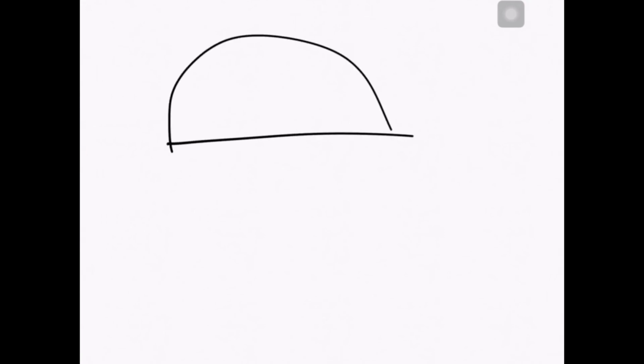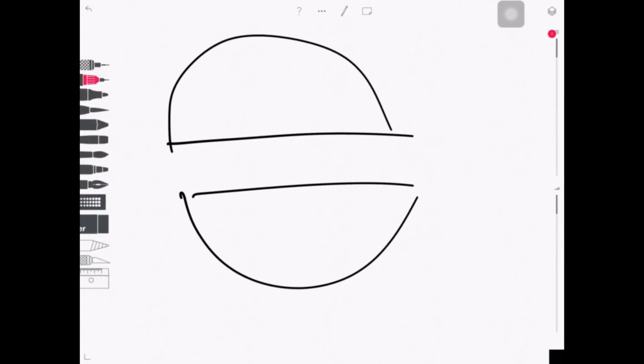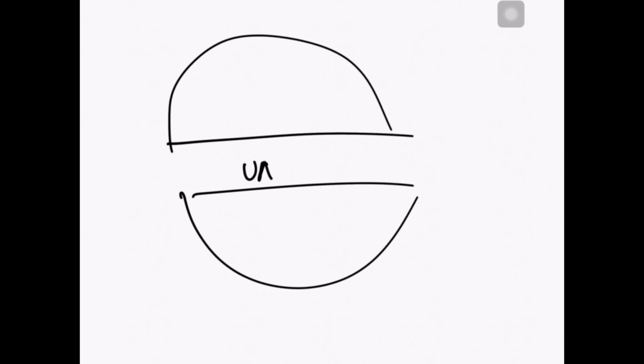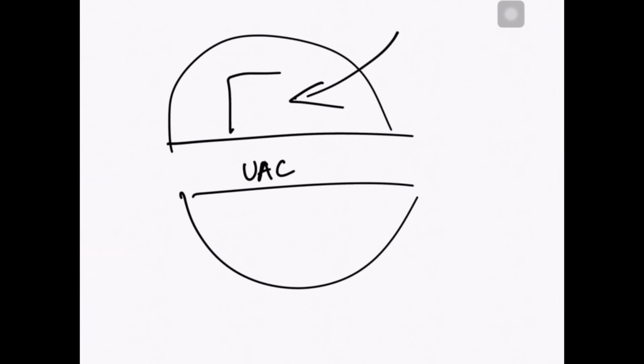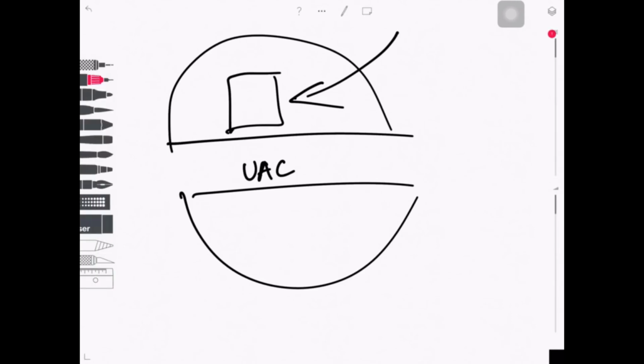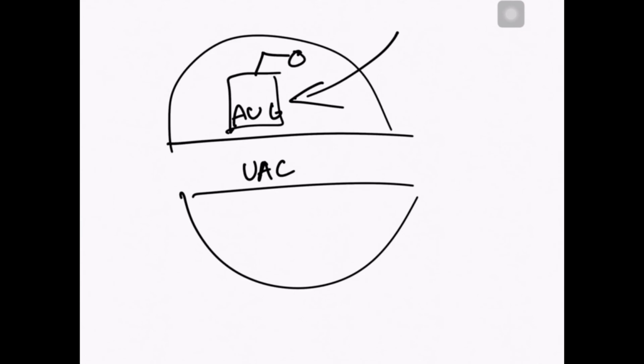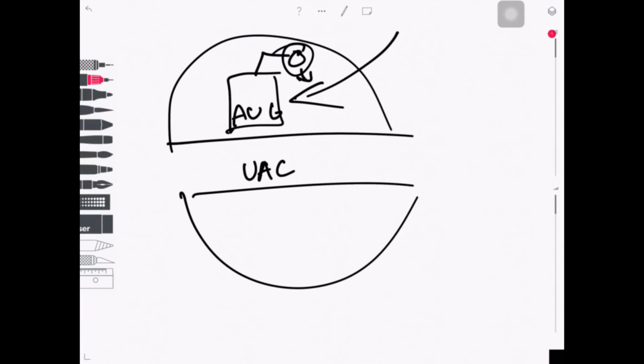Another example of this: here you would have your large ribosomal subunit, and let's say your codon is U, A, C. Then another tRNA is going to come in with the anticodon A, U, G, and once it matches up, it leaves the amino acid behind, and then it exits through the E site.